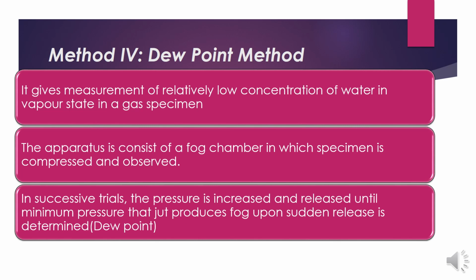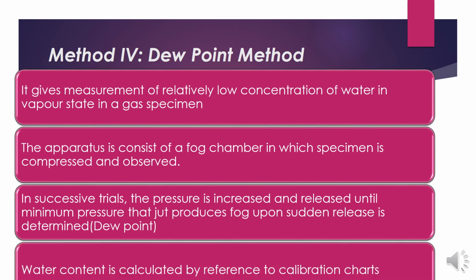So you have to continuously apply pressure and release it to find the point where the fog or dew is produced. The pressure that produces fog upon sudden release is termed the dew point, and you have to check that point on the instrument.